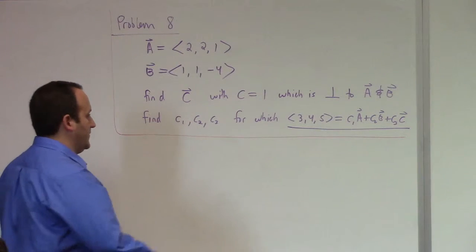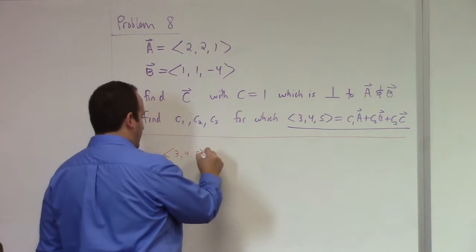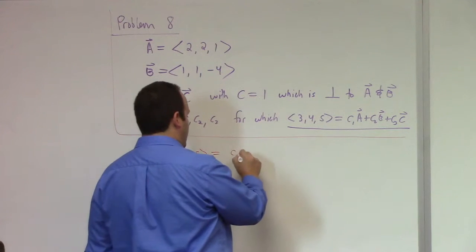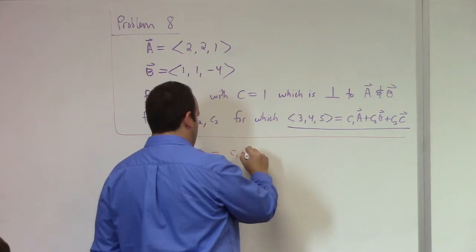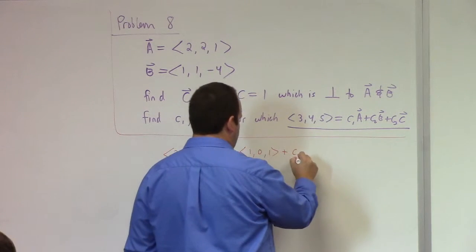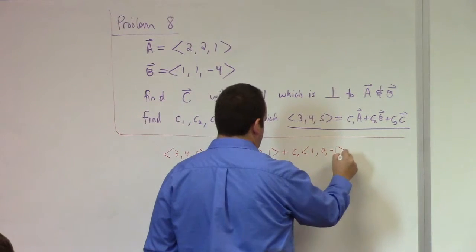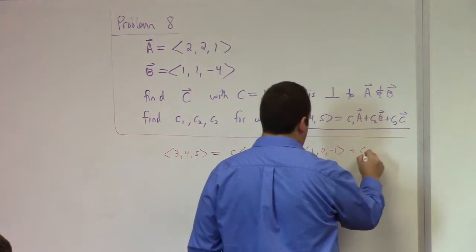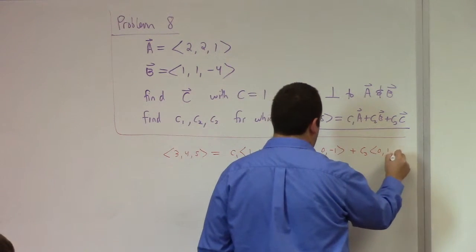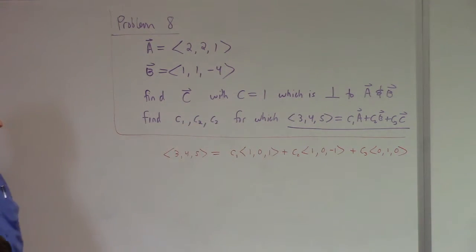All right, so how about this? What if I had 3, 4, 5 is equal to, say, C1 times 1, 0, 1 plus C2 times 1, 0, minus 1 plus C3 times 0, 1, 0. How would I find C1, C2, and C3?